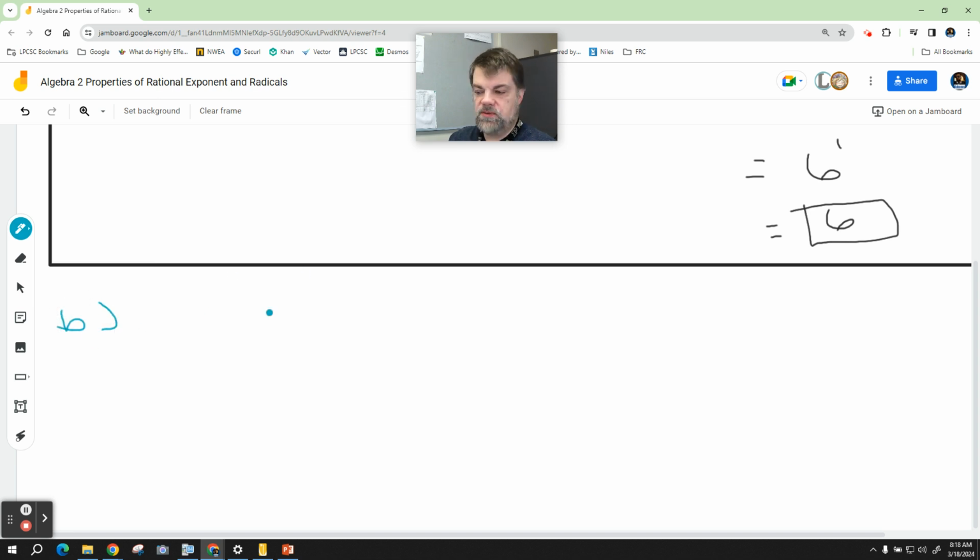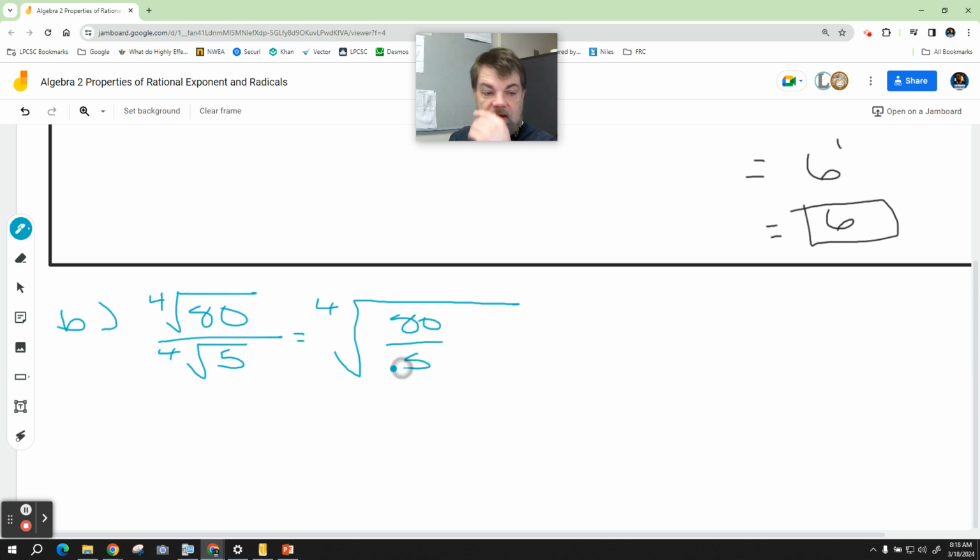for this example, and I don't even know what number we're on. If I say the fourth root of 80 over the fourth root of 5, remember that one of the properties we could use is we could just say the fourth root of 80 over 5.